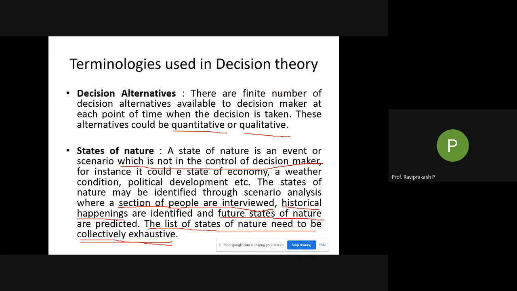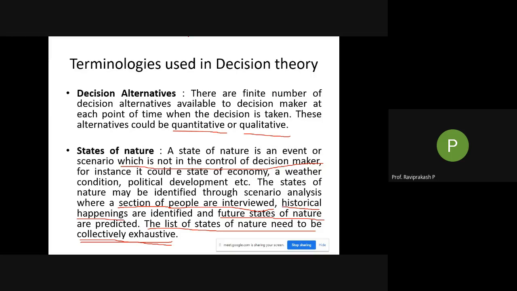Full stop. The list of states of nature needs to be collectively exhaustive.